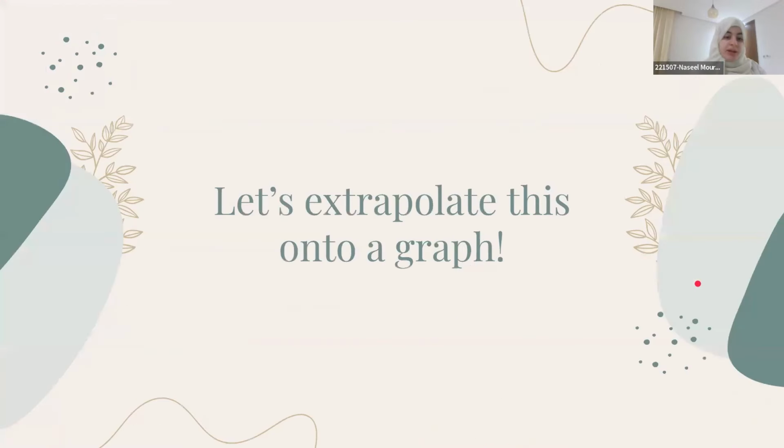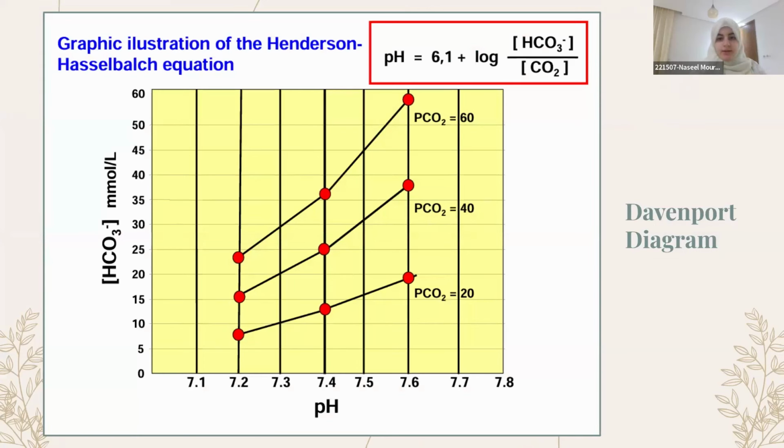Okay, let's extrapolate this equation onto the graph. So you get this. This is what we call a Davenport diagram, which is basically a plot of pH against the bicarbonate, and you have these lines. Let's take the normal one, which is PCO2 of 40. Any change along this line occurs along the same partial pressure of carbon dioxide, so we call this an isobar.